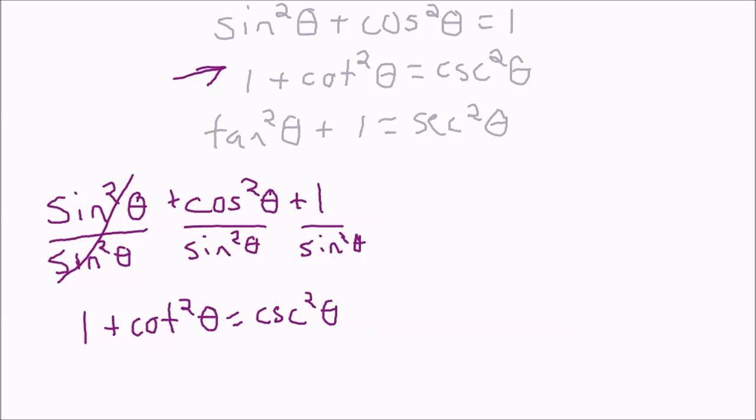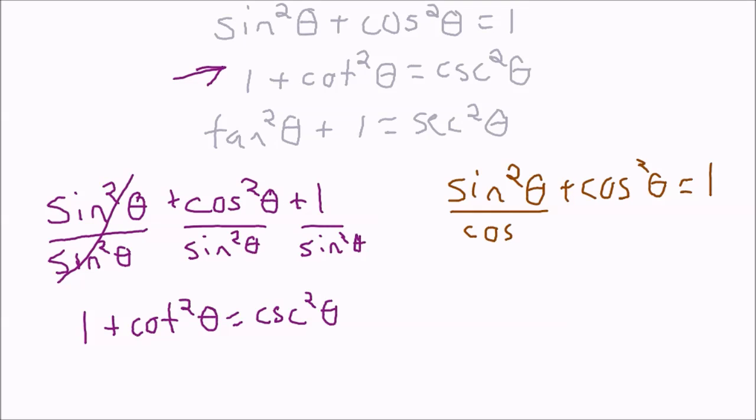Now you might be able to guess the way we get the other one is going to be similar. Instead of dividing by sine squared, we'll divide by cosine squared. So let's rewrite the original equation. And this time we divide by cosine squared.